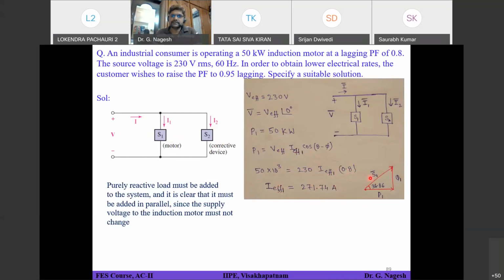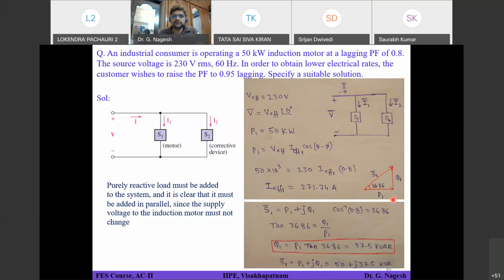Next, in the power triangle, cos inverse of 0.8 is 36.86. You know P1, which is 50 kilowatts, and you know the angle. You have to find out Q. That's all. If you apply the tan formula, you should be able to get it. So tan theta is equal to opposite by adjacent, so Q1 divided by P1.